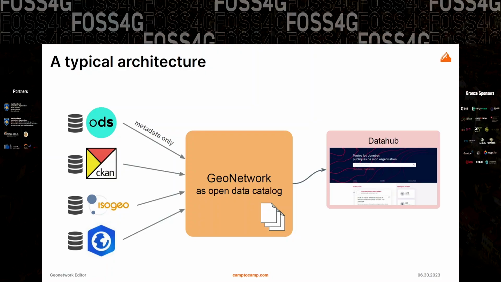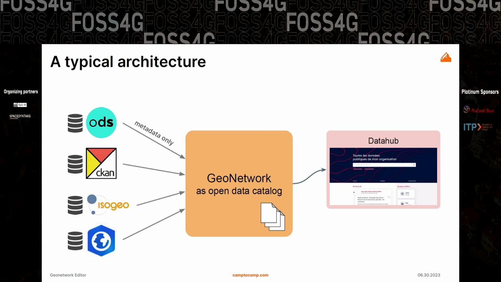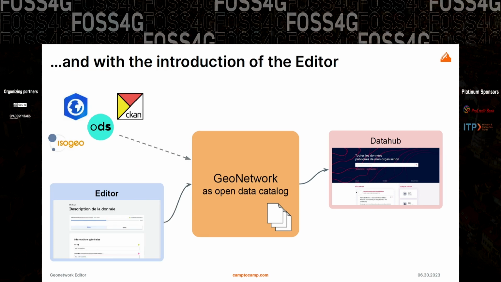The datahub centralized that, but we are just halfway through the process because now we need to be independent on how we feed the catalog. We don't want to rely on external open data catalogs anymore. So we need to continue the path to make it possible to easily edit simple metadata, and data which are not geospatial, to get rid of those other satellite catalogs.